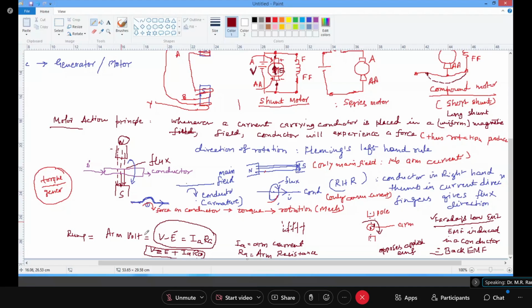Clear? Now, how much is the generated EMF? It is given by the number of turns times the change in flux with respect to time. We will not derive the equation of generated EMF, but I will tell you.